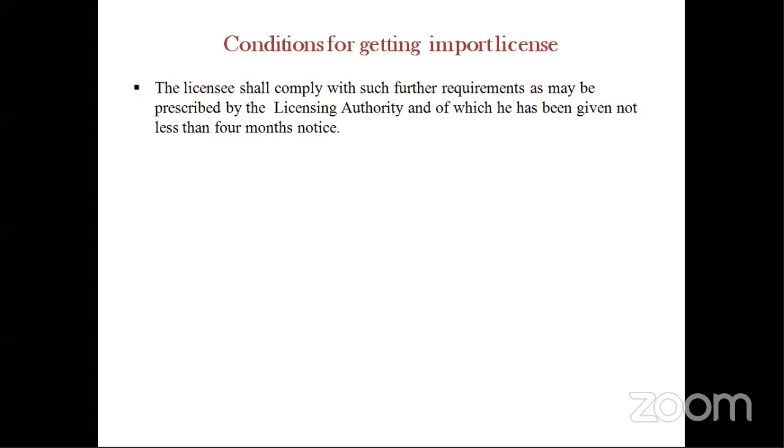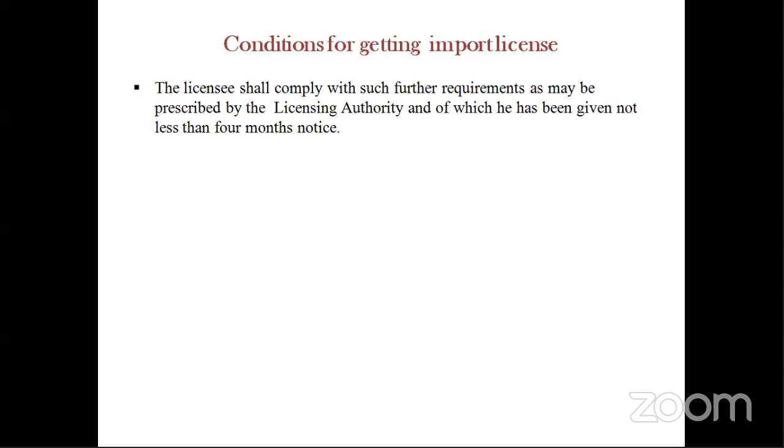Further requirements means that if a company imports Schedule X drugs or Schedule C, Schedule C1 drugs, a separate license should be taken from the licensing authority. At that time, you should mention in the prescribed manner that you are importing Schedule X drugs, applying to the licensing authority for a license, and this process requires not less than 4 months' notice.